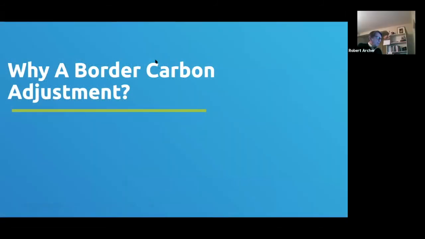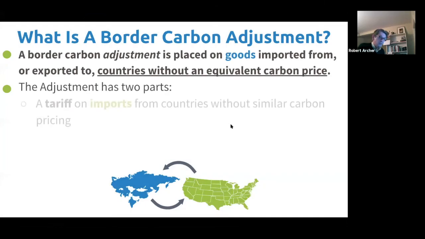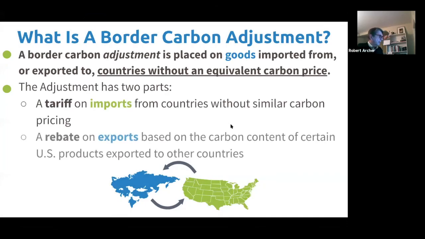The third leg, the border carbon adjustment, I think is almost a must-have feature to succeed on a global basis, and it's probably the least discussed. You will begin to see more in the news on the Europeans who are starting to consider this as part of their broader climate program.